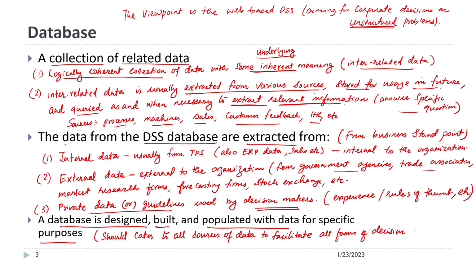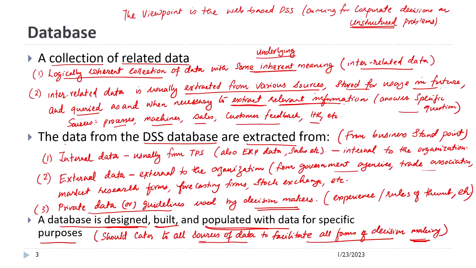When you design it, build it and populate it with data, the specific purpose is making corporate decisions, but it should cater to all sources of data, which includes internal, external, private sources, etc., and it should facilitate all forms of decision making, whether structured, unstructured or semi structured. All those kinds of decision making are something the system should capture.